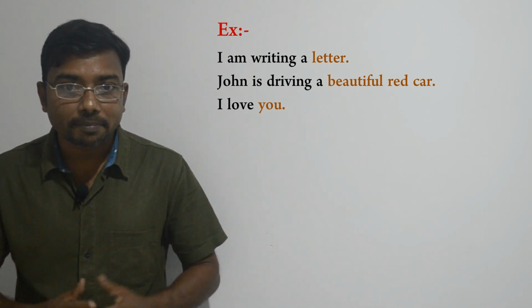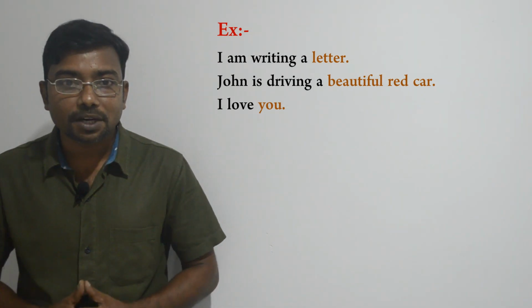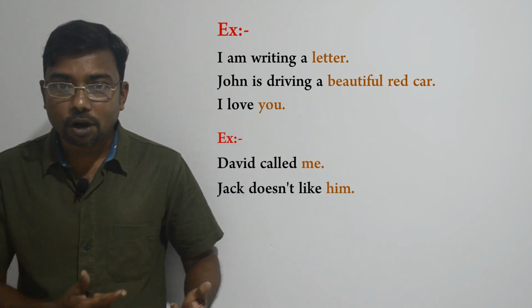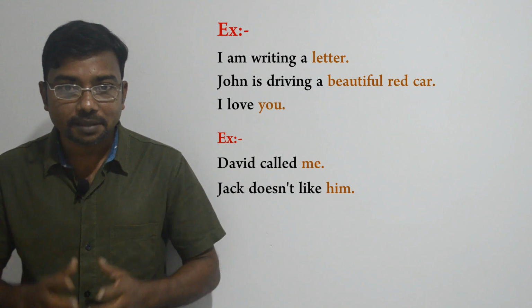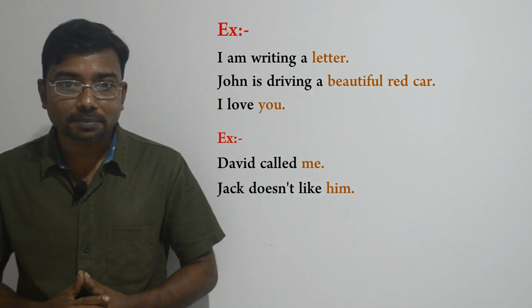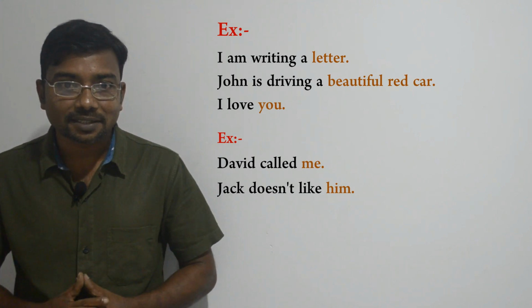Okay, in this case, remember, when you use a personal pronoun as a direct object, we should use it in the objective case. Look at this example. David called me. Jack doesn't like him. Here me and him are in the objective case, and also these are direct objects because they are directly affected by the verbs called and like.